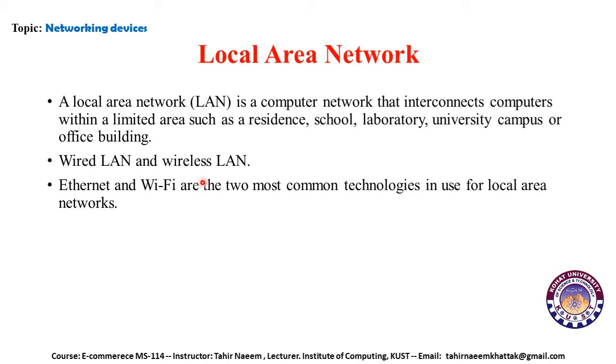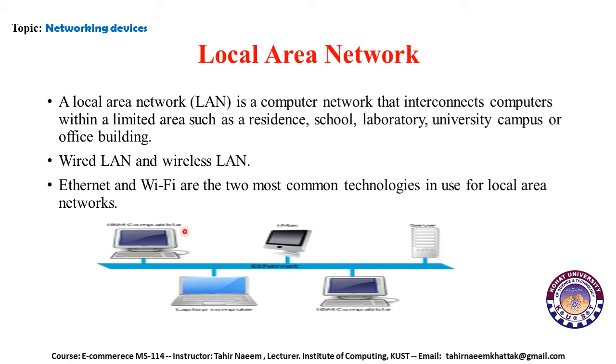There are other technologies available in the categories of wired LAN and wireless LAN. This is a typical picture of an Ethernet card, and different machines are connected to these Ethernet cards, and they form a local area network.